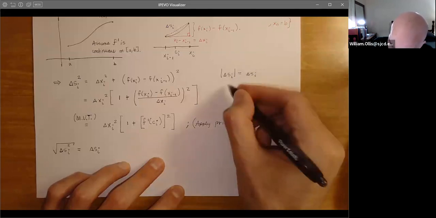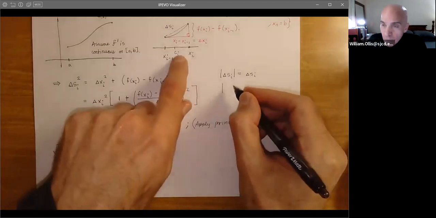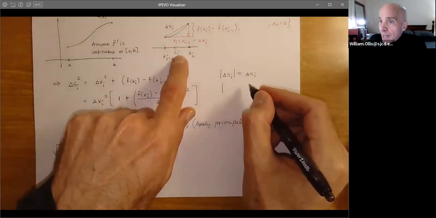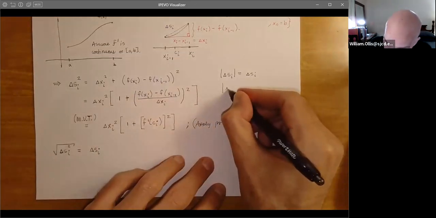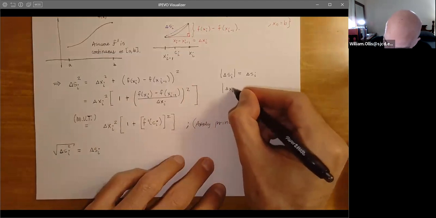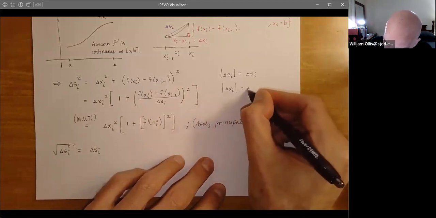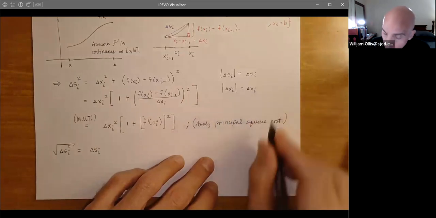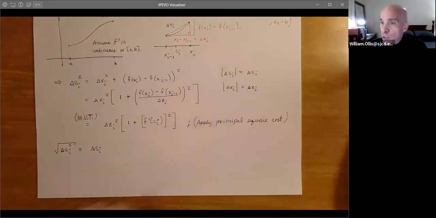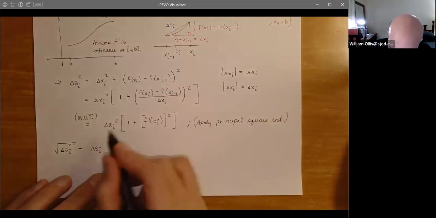And then again, since the length of the subinterval along the x-axis is also positive, when we take its absolute value, we still get the term itself, because by definition, these quantities are non-negative. So that simplifies things.